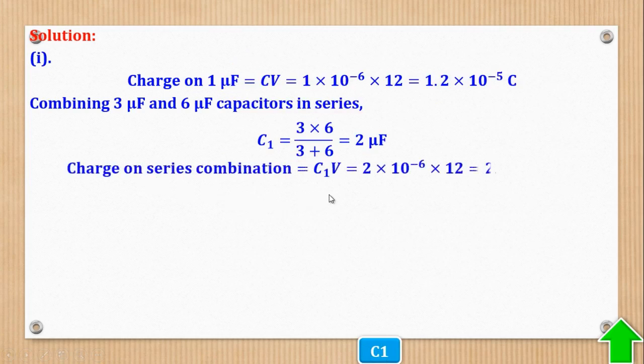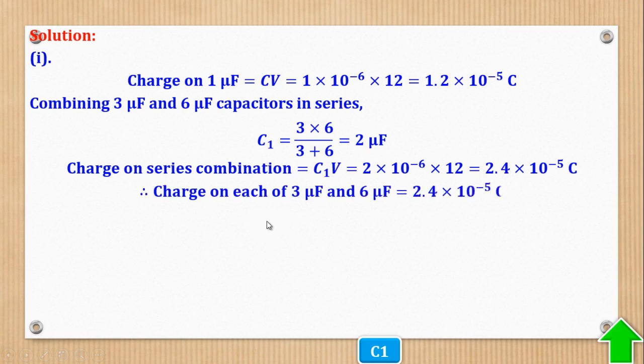So the charge on the series combination will be C1 times V, which gives you 2.4 × 10^-5 coulomb. That means that because they're in series, they have the same charge. Therefore, the charge on each of this and this will be this 2.4 × 10^-5.